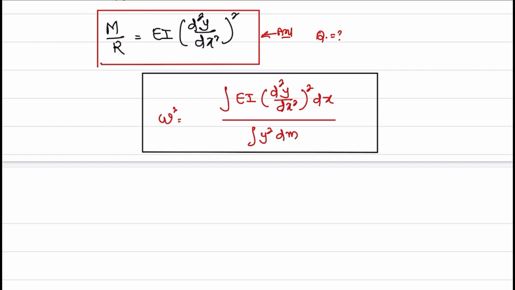Integration will give, this is nothing but mass into distance square. I is second moment of area. This is the mass moment of area. Please understand, this is mass moment of area. This is second moment of area.